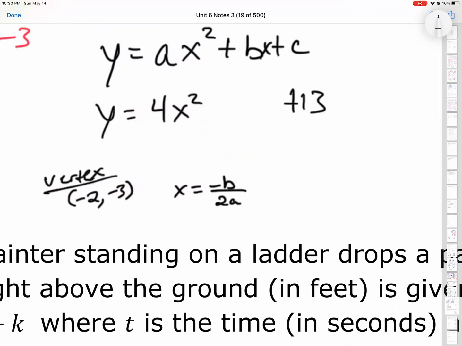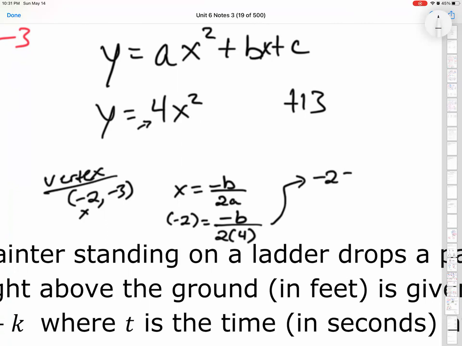Well, we know the x value. Boom, there's your x. We also know a. Boom, it's 4. So we can dump these items in and end up with -2 equals, we don't know what b is, but it's 2 times 4 on the bottom. And then we can very quickly find b.